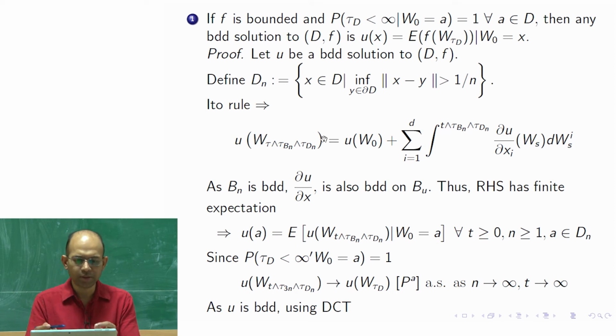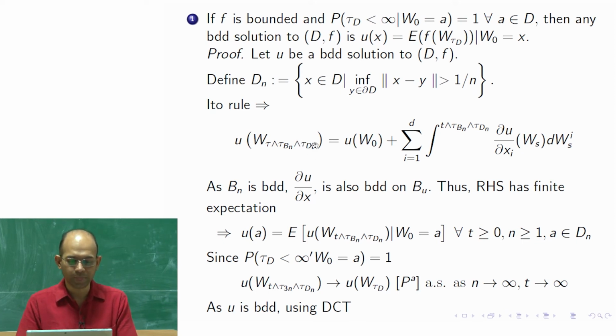We start from W_0 at time 0, and then we look at time t. If the Brownian motion does not leave the ball of radius n, nor does it leave the domain D_n, and if it leaves, then we just take the minimum of these, either the ball of radius n or the D_n.